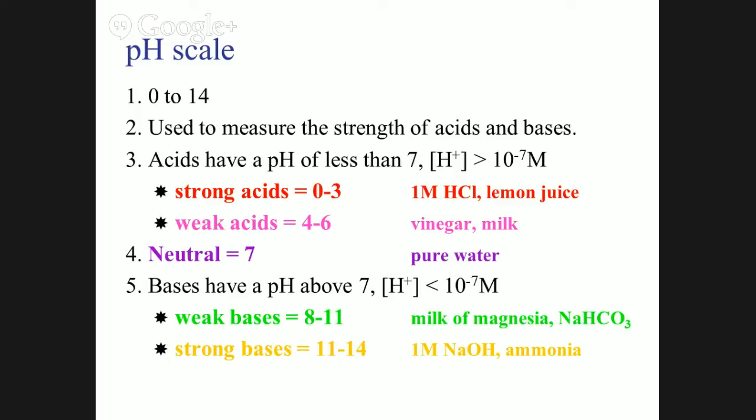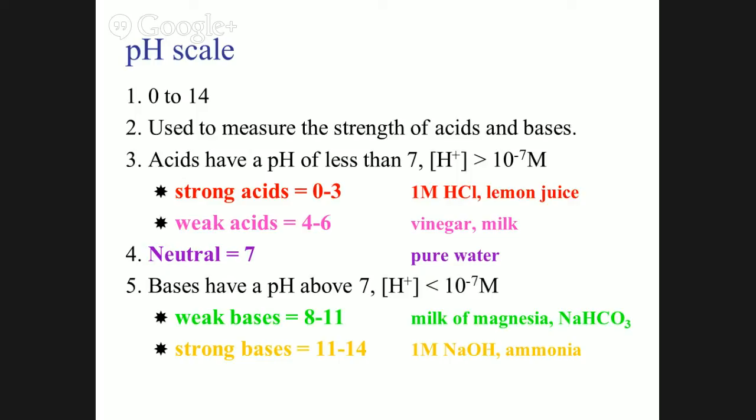And then you have some examples here. Concentrated lemon juice would be a strong acid. There are peppers that you may eat as part of a meal that can burn you. Those are very strong acids. Weaker acids that you can eat, milk, soda, vinegar. And then, as I said, many cleaning type products end up on the base side.